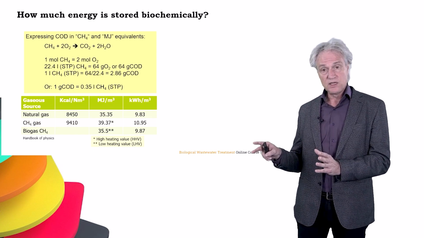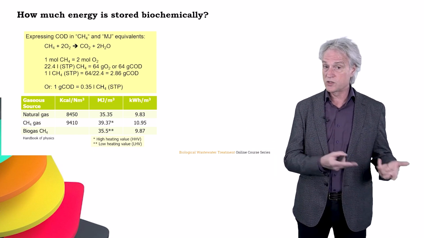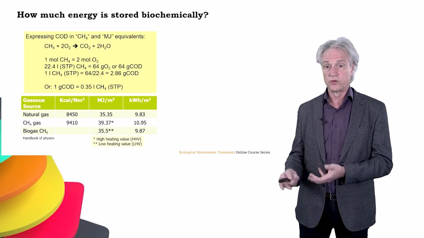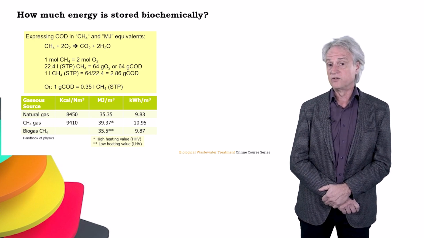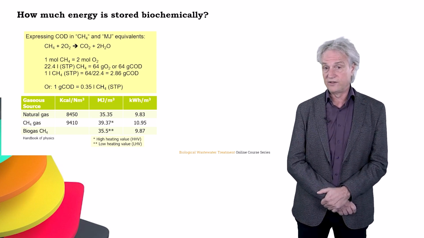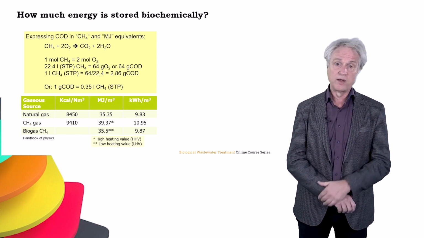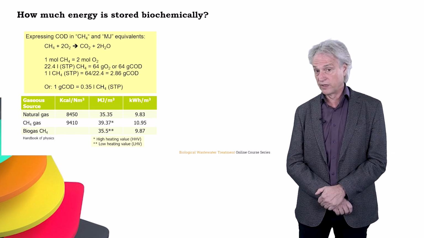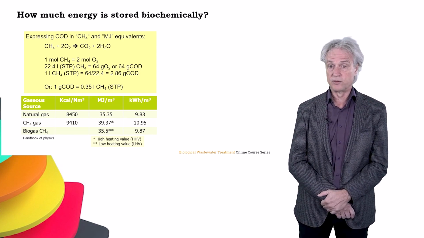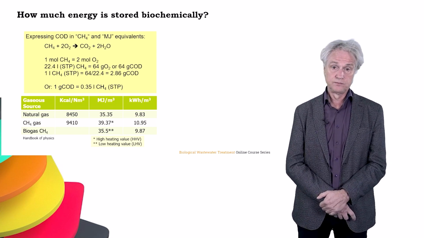This oxygen is also termed COD. It's the oxygen demand to oxidize the methane to CO2 and water. That means 1 liter of methane is equivalent to 2.86 grams of COD. Or vice versa, 1 gram of COD is equivalent to 0.35 liters of methane at standard temperature and pressure, that means 0 degrees Celsius and 1 atmosphere.